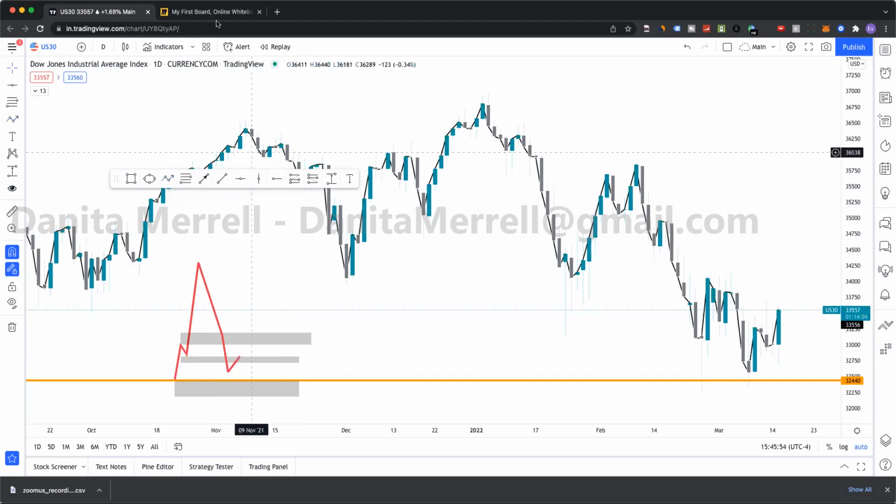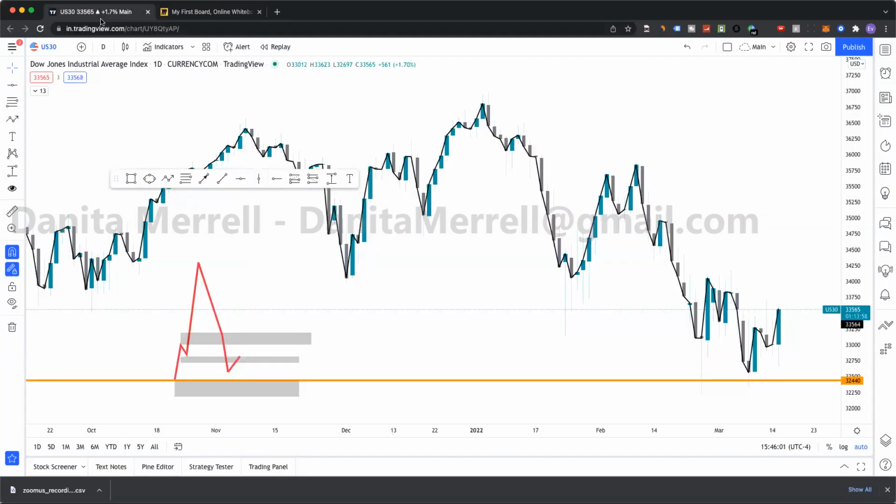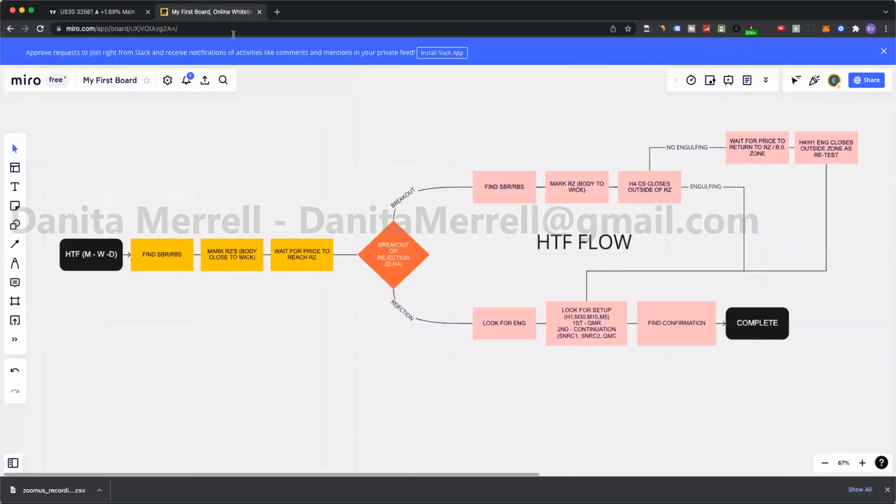At this point, what we need to do is mark the rejection zone's body to wick. So this is our original rejection zone. We still have that marked. And what we've got to do next is look for H4 candlestick closes outside of the rejection zone.